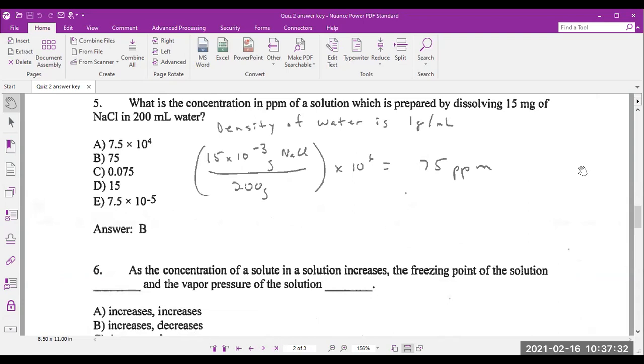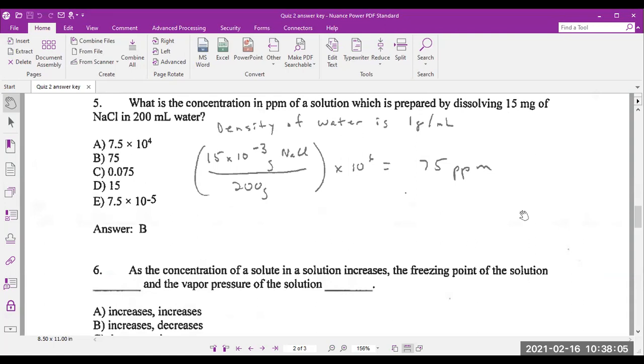We know that if we're talking parts per million, weight percent, or parts per billion, what we want to do is get it expressed as grams of solute divided by grams of solution. Then we'll multiply it by whatever the correct factor is, depending upon which one of those we want.